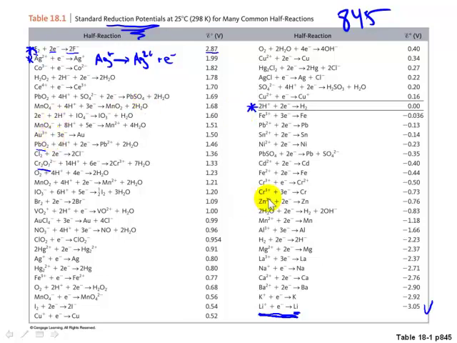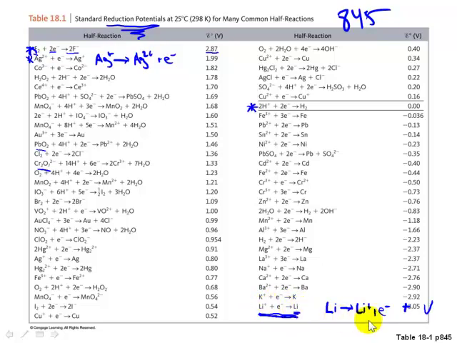If you look at these guys down here, these have a negative potential. But if you think about the reverse process, for example, if I take lithium and flip that reaction around, so lithium goes to lithium plus an electron, that reaction has a positive 3.05 volt potential. So what this is telling me is that if it's shown this way, that reaction is unfavorable.